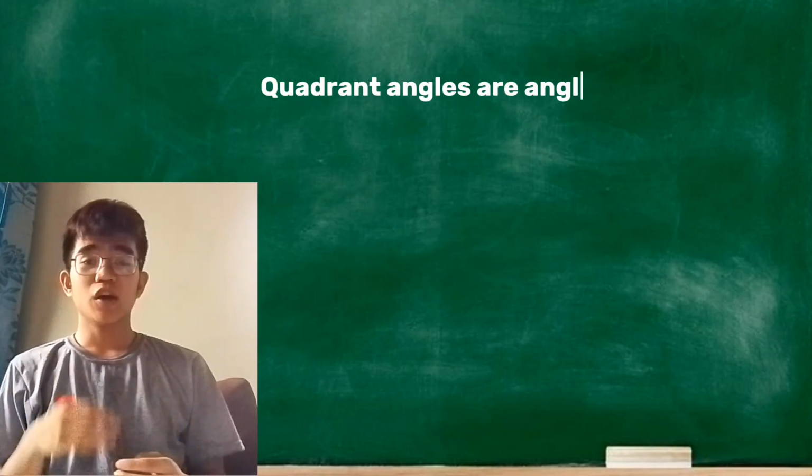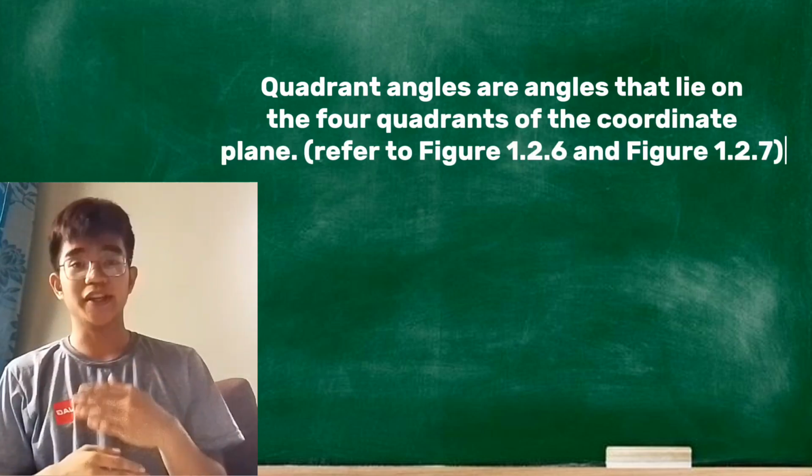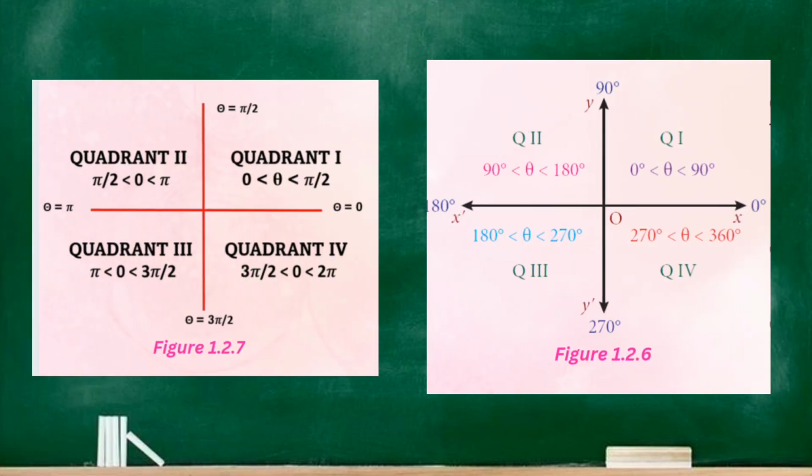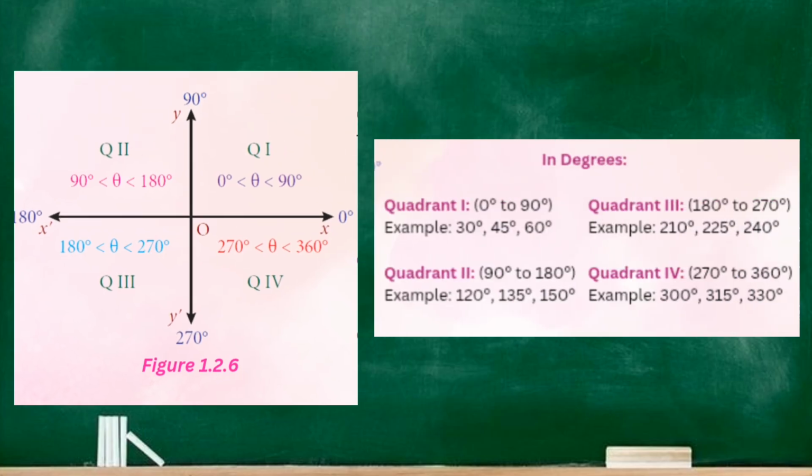Quadrant angles. Quadrant angles are angles that lie in the four quadrants of the coordinate plane. Examples in degrees and radians. In degrees, in quadrant 1, we have 0 degrees to 90 degrees. Examples of this are 30 degrees, 45 degrees, and 60 degrees. In quadrant 2, we have 90 degrees to 180 degrees.